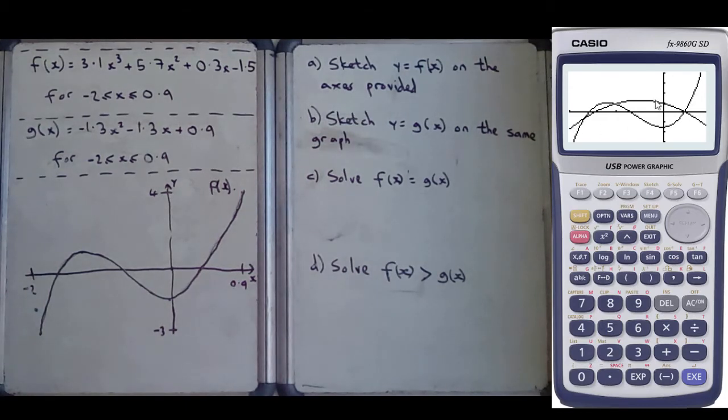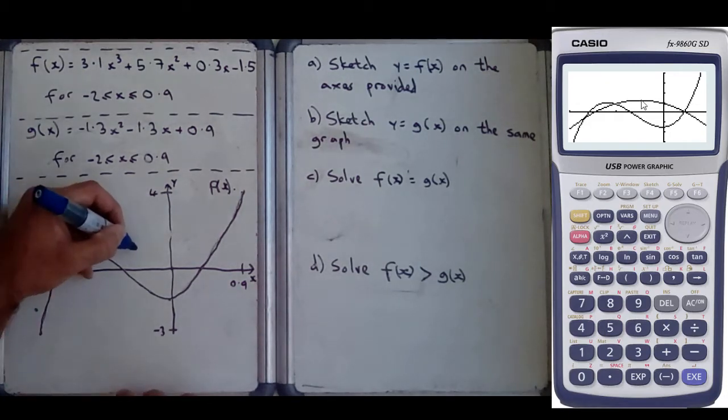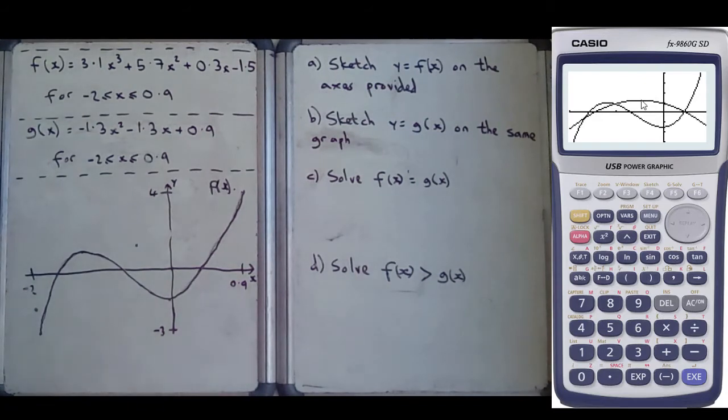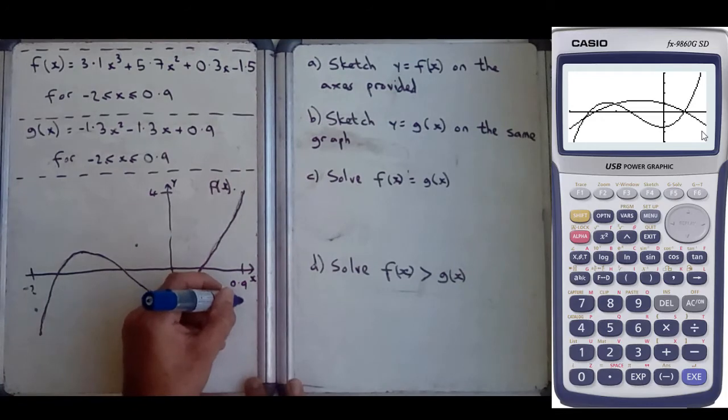The maximum is probably halfway between that maximum and the y-axis, and it's pretty much level, maybe slightly higher, so I reckon maybe somewhere around there. And the other endpoint is a similar height to that minimum, maybe again slightly higher, and at the end of the screen, so somewhere around there.